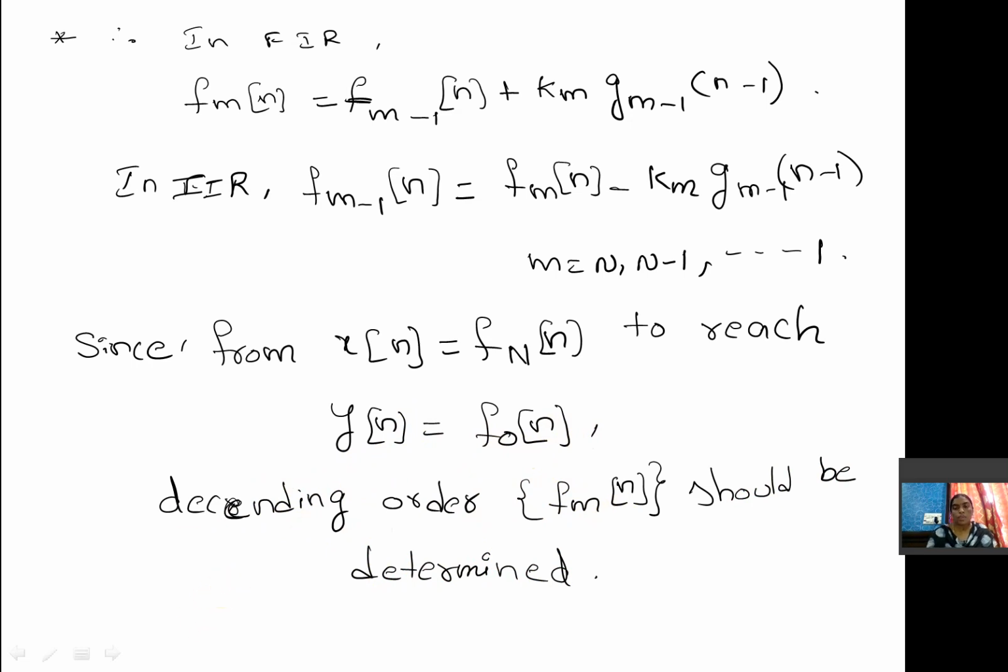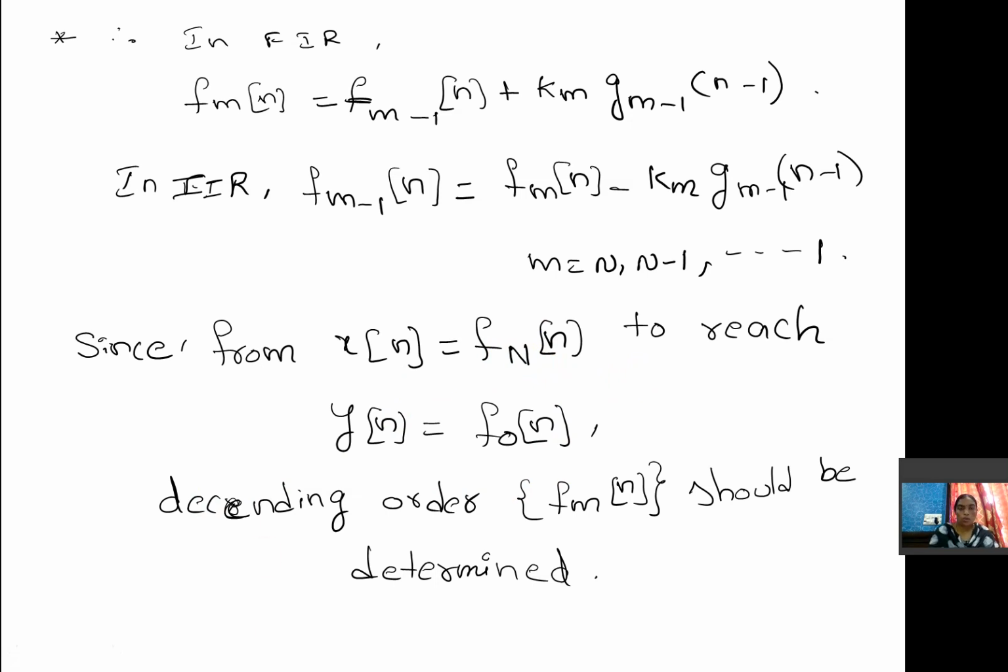But here in IIR we just interchange the input and output, then FIR becomes the IIR. So here x of n is fn of n, y of n is f naught of n. So here we have to reduce this fm of n, right? So fn of n, next fn minus 1 of n, next fn minus 2 of n, and so on, f2 of n, f1 of n, then f naught of n. That is nothing but our f of n.